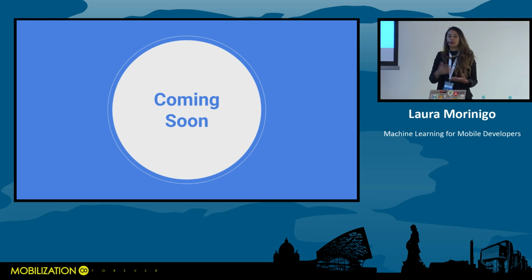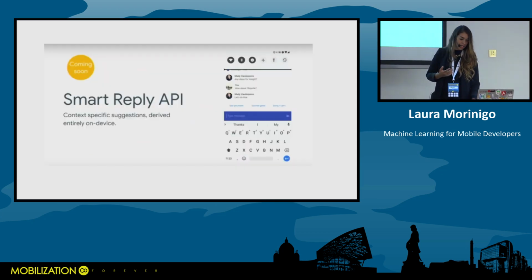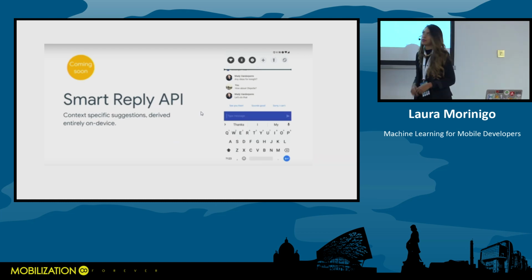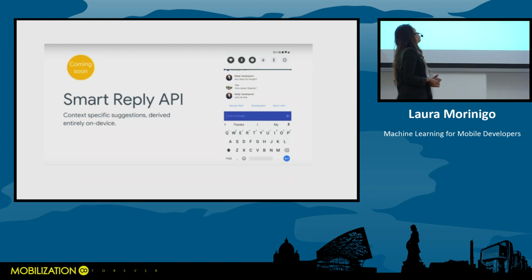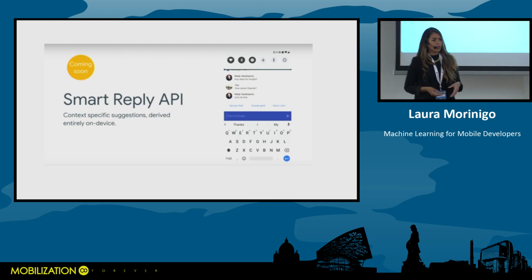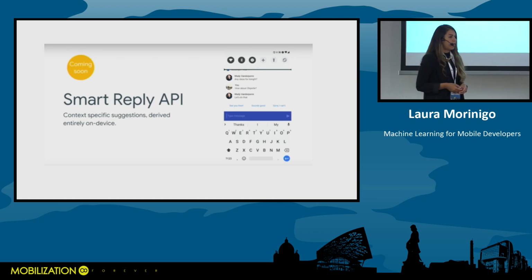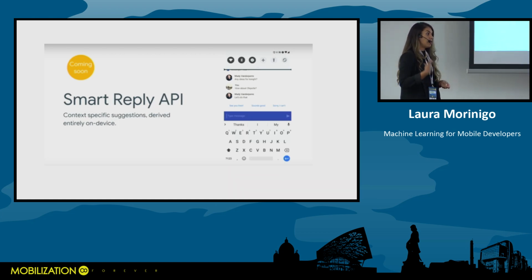So, and then what's going on next? What is the future of machine learning? This is the one that I was trying to mention. With Android P, we're going to have the Smart Reply API. This is going to be soon. I was checking at Google I/O during May, but I have an email, so maybe it's going to be there soon. As you already know what happened with Chrome right now, or even Inbox, it is suggesting how to answer.